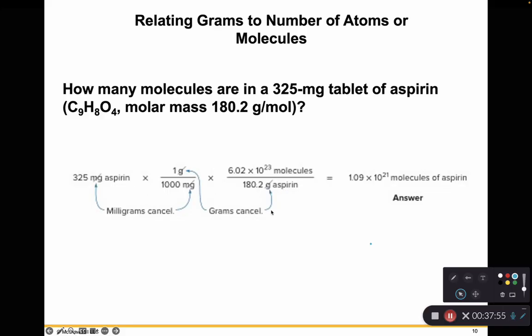And then you set up. Now milligram cancels, gram and gram cancel. You have molecules on the top. Since the question was 3 significant figures, you write the answer in 3 significant figures. We have the answer here, 1.09 times 10 to the power 23 molecules.